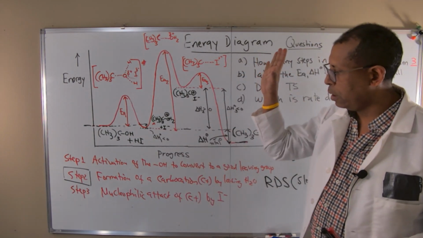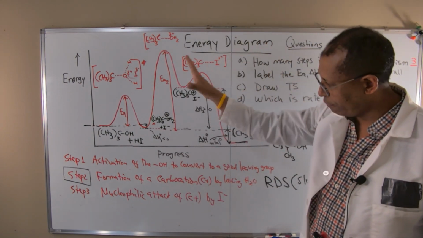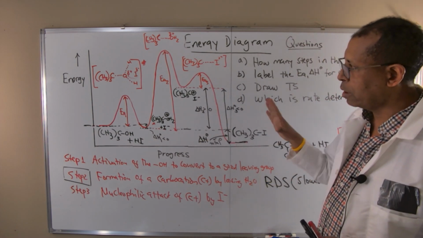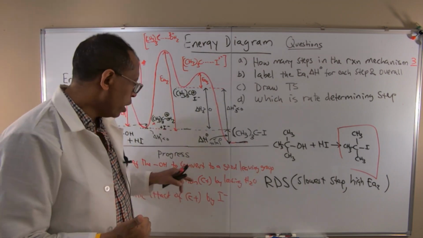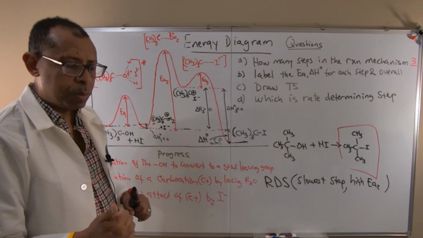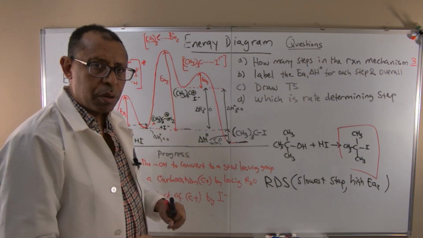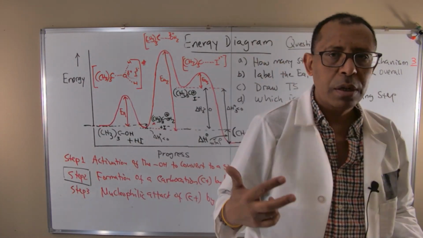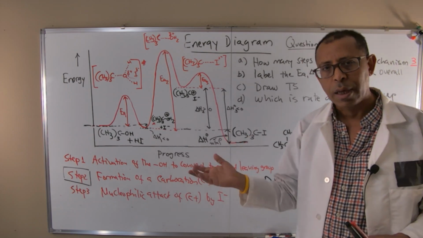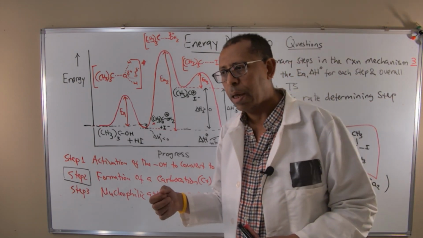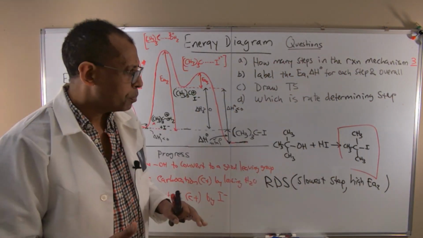So you need to review, this is a three-step reaction. Initial activation of OH as a leaving group, second formation of carbocation, third nucleophilic attack of the nucleophile I- to form the new carbon-iodine bond.